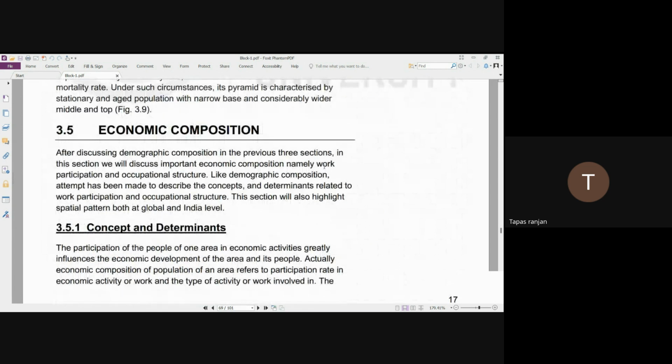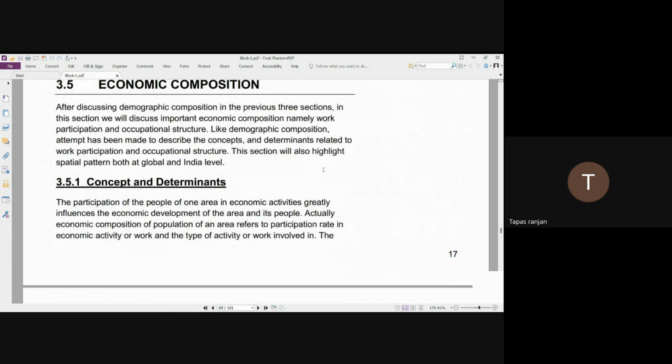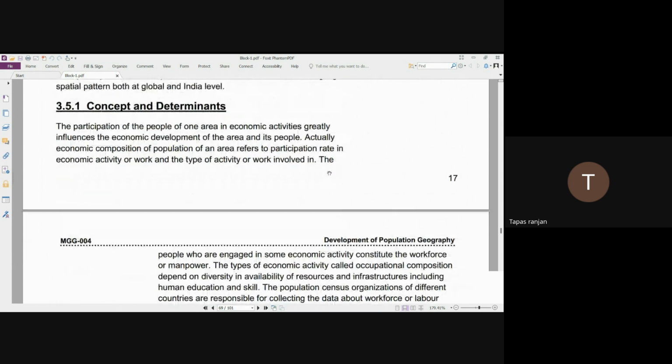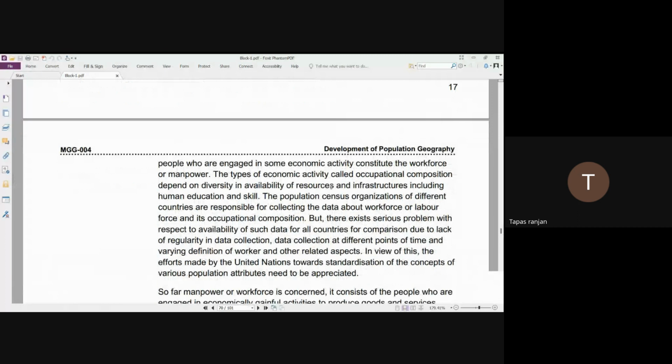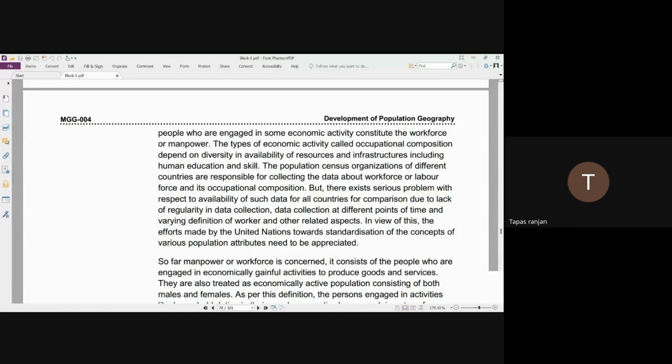Then economic composition. Based on the economic activity, we can categorize the population. Okay, so what are the different types of economic activities? Different types of economic activities are basically primary activities, secondary activities, and tertiary activities. So based on that we can determine different population composition.